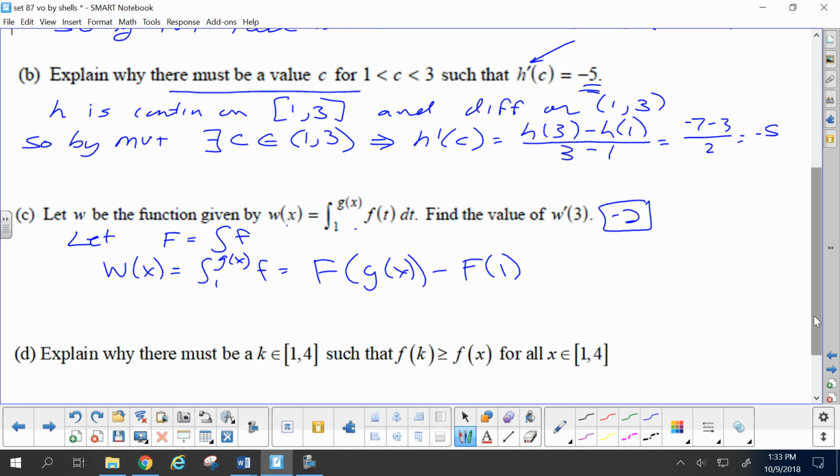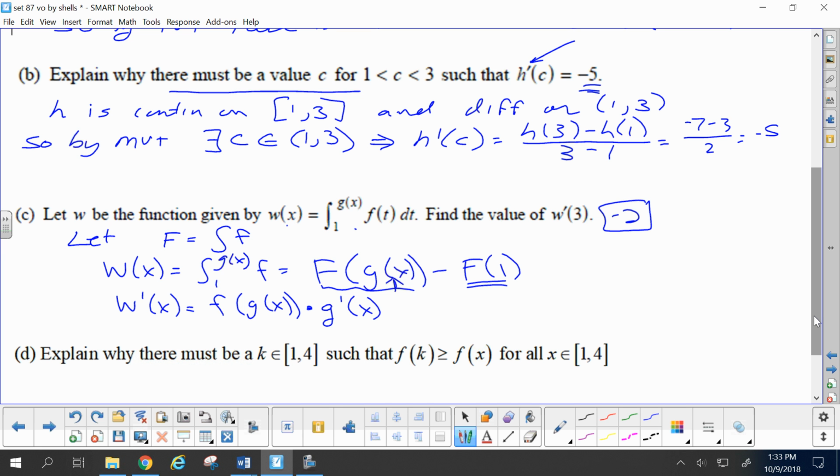Yes? Okay. Now, if I then took the derivative, I'm taking the derivative of capital F, which is the derivative of the antiderivative, which is just f at the inside the same, but then by chain rule times the derivative of the inside, g prime of x. What about this?